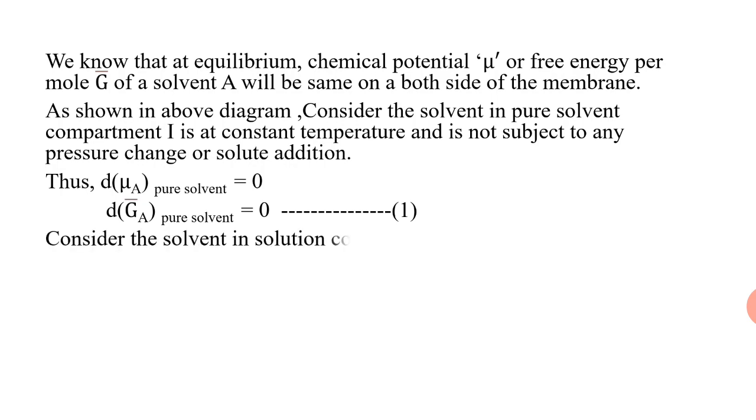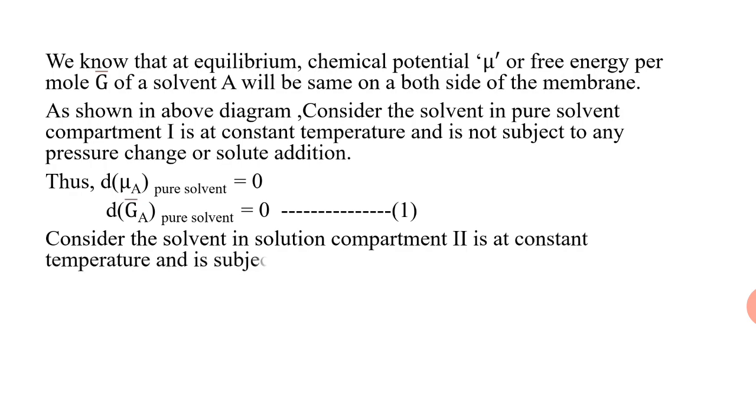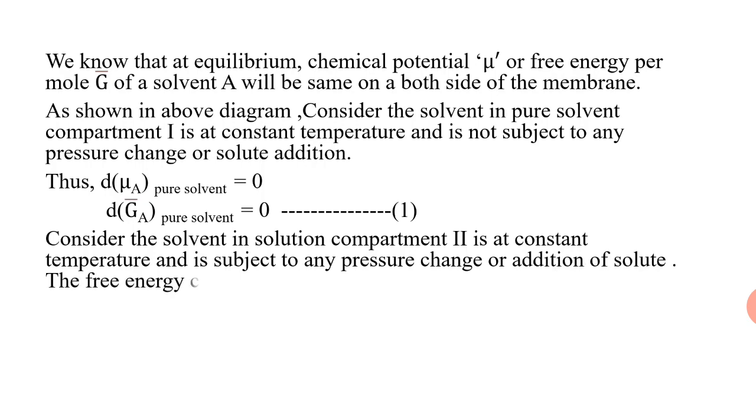Consider the solvent in the solution compartment 2 is at a constant temperature. It is subject to pressure change or addition of a solute. The free energy change as a result of change in x1, assuming ideal behavior, will be given as RT d ln x1.